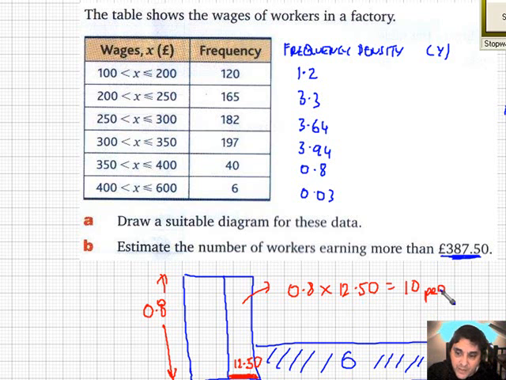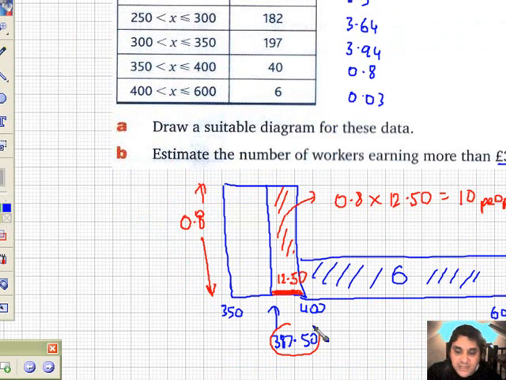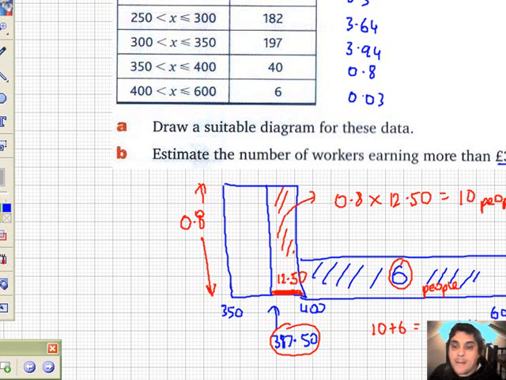So I've got 10 people there who earn above, just shade them out, who earn above £387.50, and I've got these 6 people here as well who earn above that amount. So here's the answer. We have 10 people plus 6 people, that's 16 people who earn above £387.50.